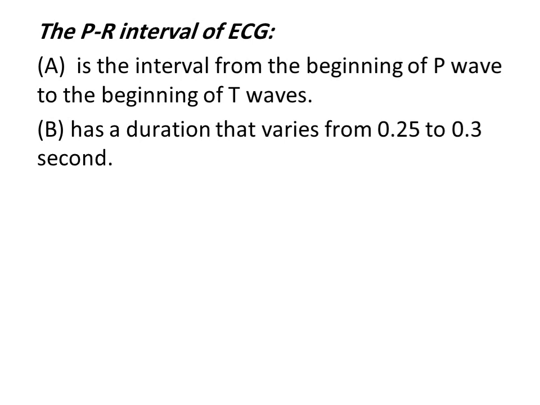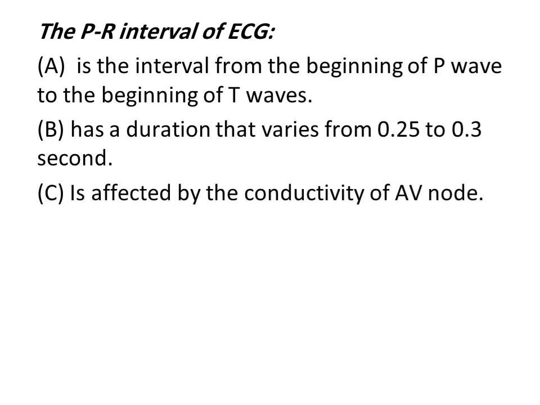The right answer is from 0.12 to 0.2 seconds. Is affected by the conductivity of the AV node. The PR interval is mainly affected by the conductivity of the AV node. As the delay of the AV node increases in certain diseases, the PR interval will be prolonged.